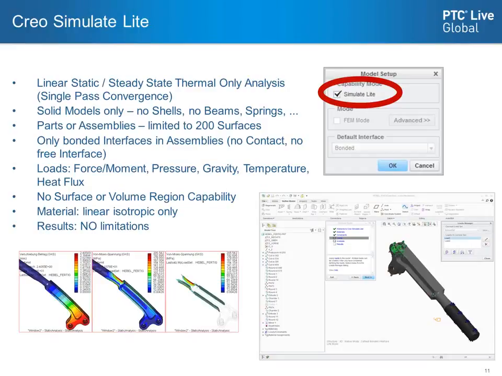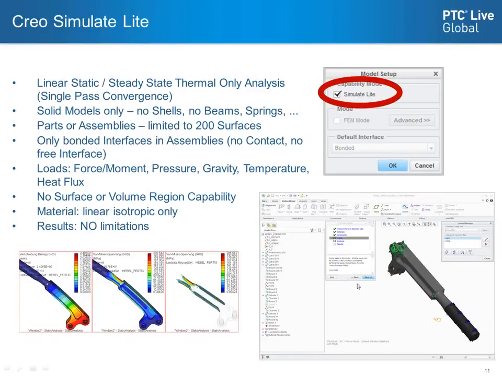And as a result, if you don't have a Creo Simulate license extension or the advanced extension, you will access the Lite option. And I'll show this in a moment. But what the Lite capability will do is still allow you to walk through the process of performing an analysis. It takes you through defining your materials, your constraints, your loads, and then actually running it and reviewing the results. If you see it from this menu on the screen here, the toolbar, which we'll look at in a moment, is grayed out.